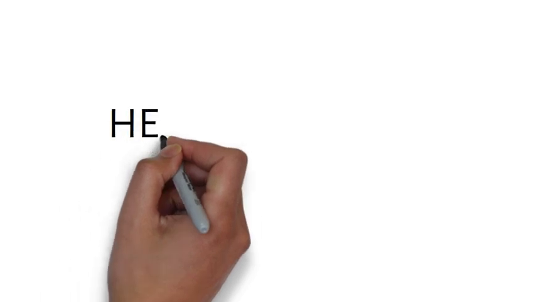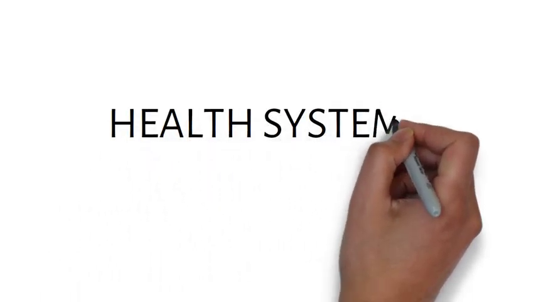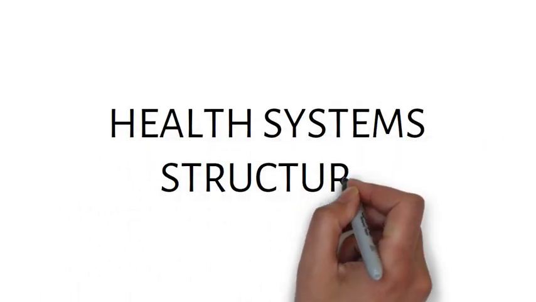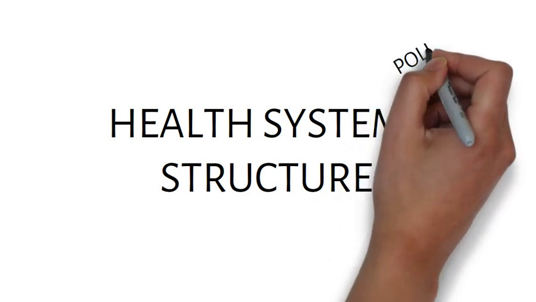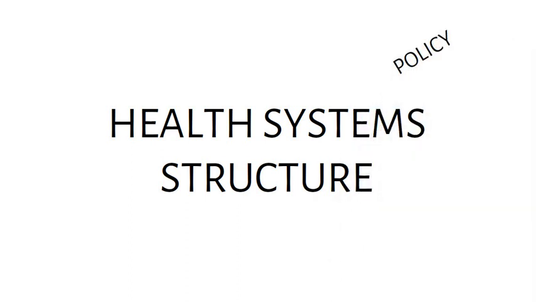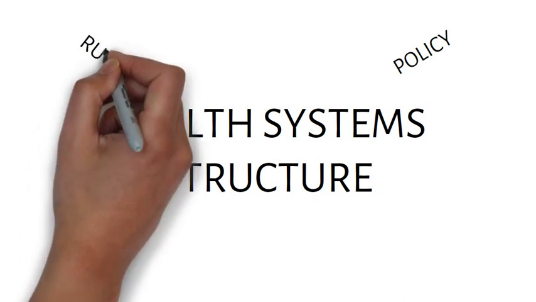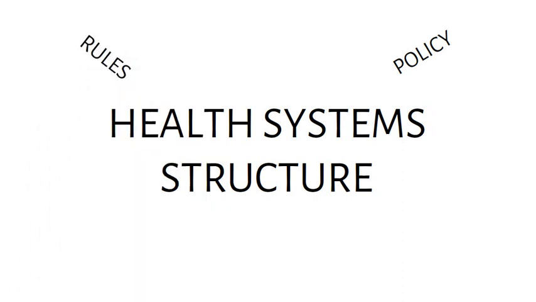The hospital's senior administration must ensure that the structure of the health system will support the clinical governance structure and system. Policy and rules related to the implementation of clinical governance must be present, and there should be a formal structure to ensure that this will happen every time.